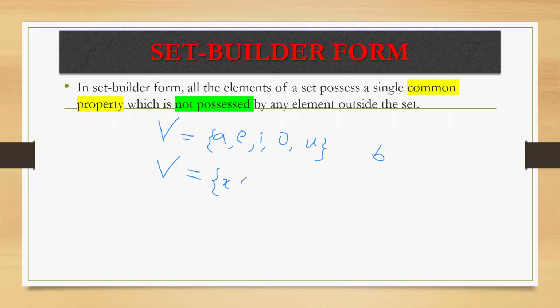Then we use the symbol colon, which means double dot. Then we write the common property possessed by the set, which is: X is, sorry, let me erase that.